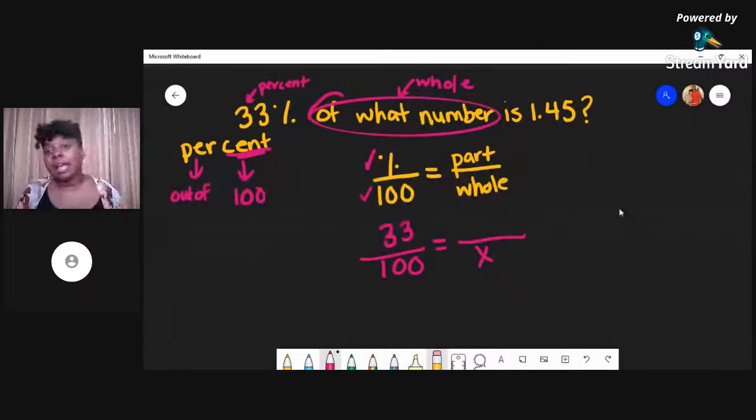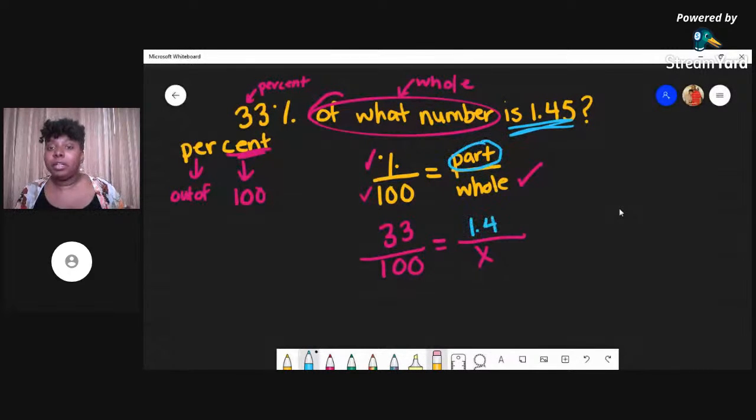So we have this whole side. We don't know the whole, so we put an X. That means, what's this right here? That's the part. Okay. So we write the part as the numerator.